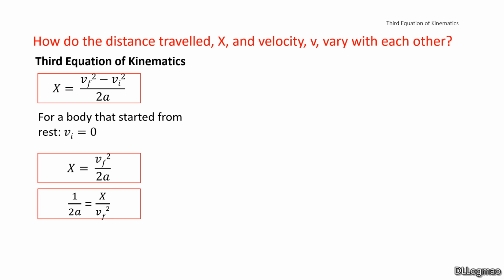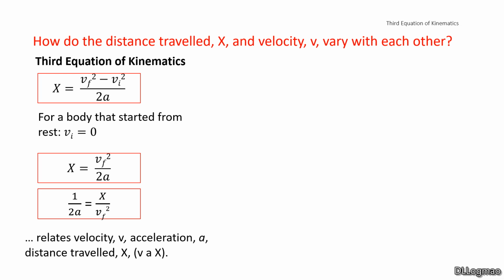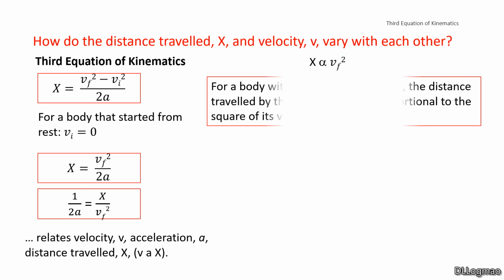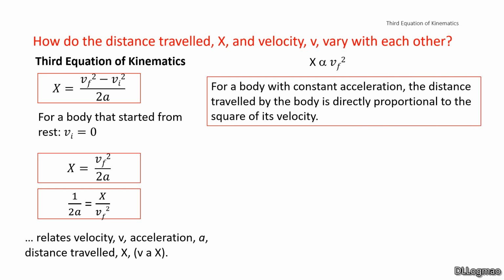Taking the constant of proportionality on one side of the equation, 1 over 2a equals x over v sub f squared. The third equation of kinematics relates the velocity, acceleration, and distance traveled: v, a, x. The equation shows that the distance traveled x is directly proportional to the square of velocity.